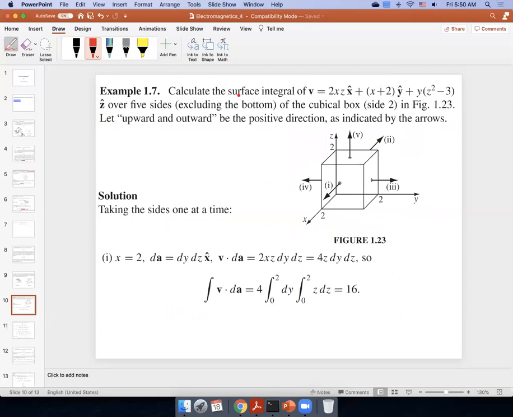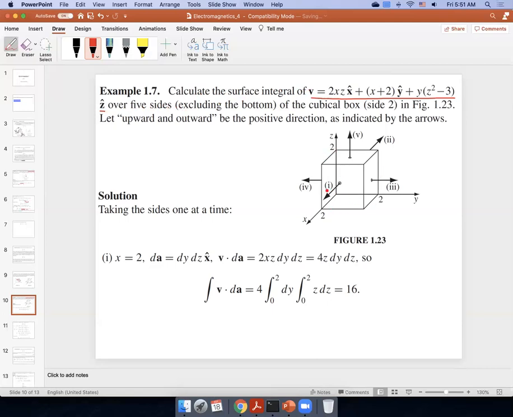So let's calculate the surface integral of this function. Again, the function is a vector function. It has x, y, z components. Let's do the integral of this function over 5 sides of a cube. Now we have a cube here.